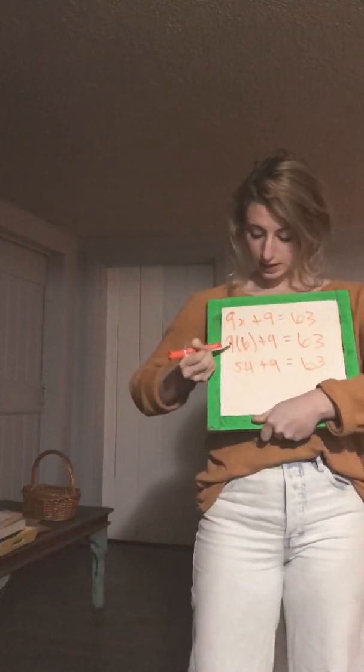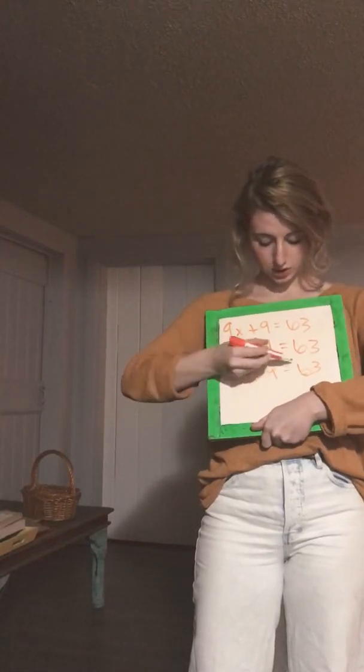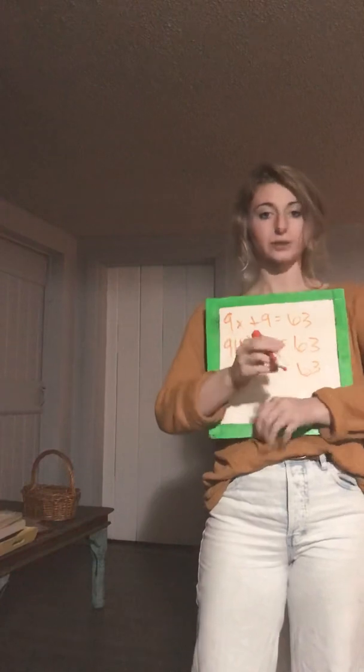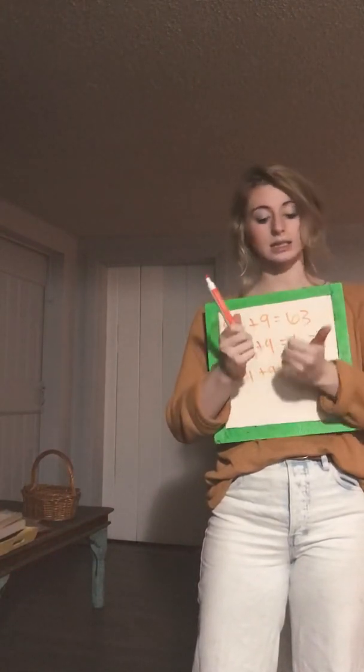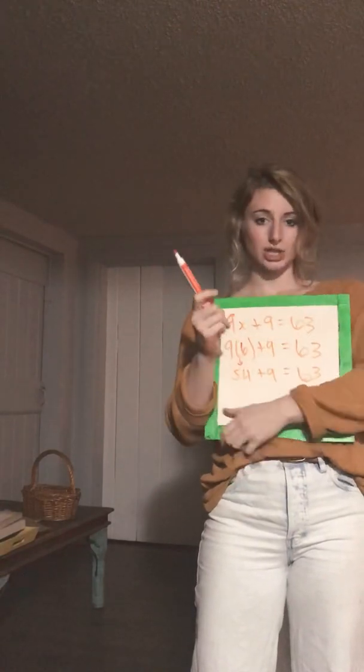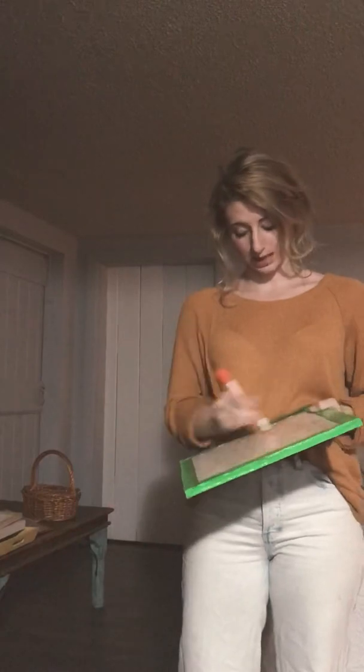So it should look like this. 9 times 6, which is 54, plus 9 should give you 63. You can count on your fingers. 54, 55, 56, 57, 58, 59, 60, 61, 62, 63. So we know that for sure x equals 6.